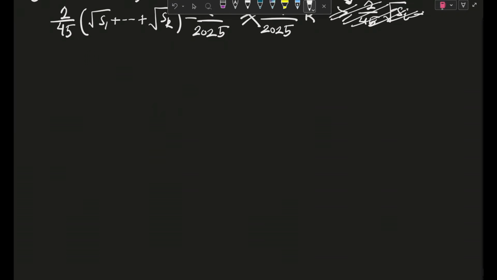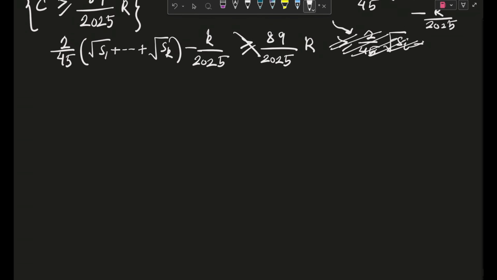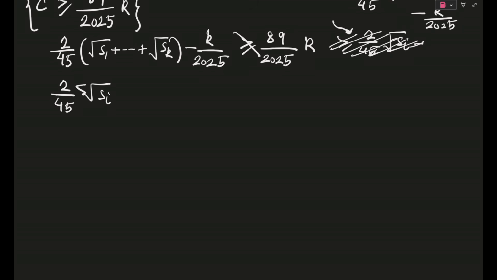Because it will not be. I wrote this intentionally because some people make this mistake. Basically, after you sum this thing up, 2 by 45 root SI, just put a sigma here, and this will actually become minus 1 by 2025. Okay, so actually this won't be the sigma, just see.